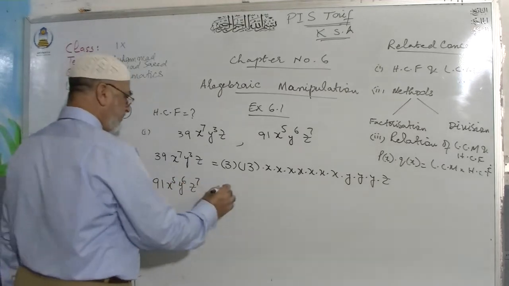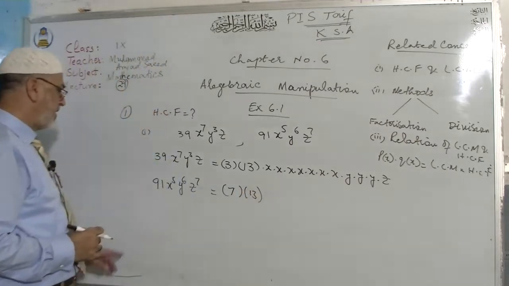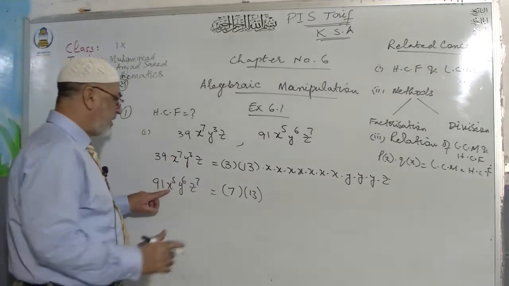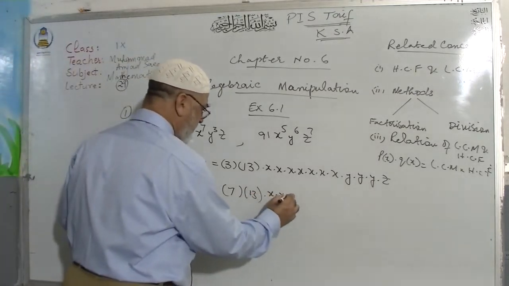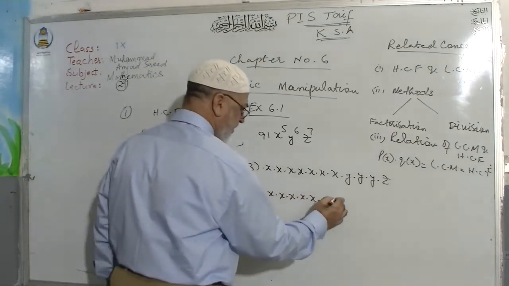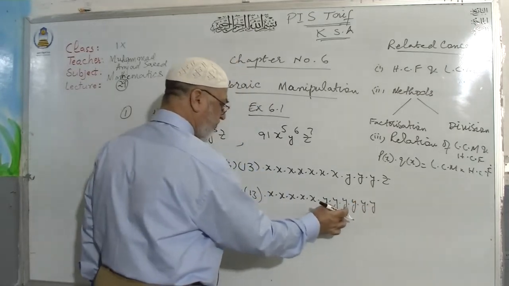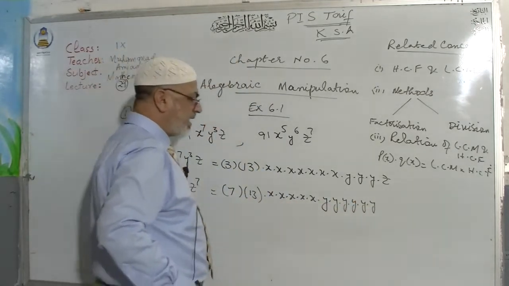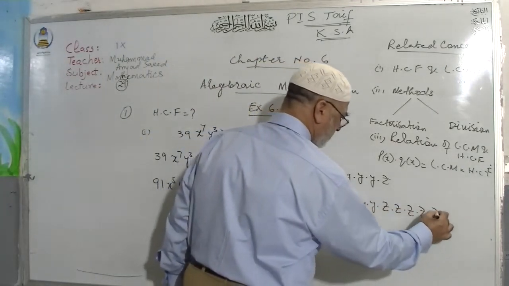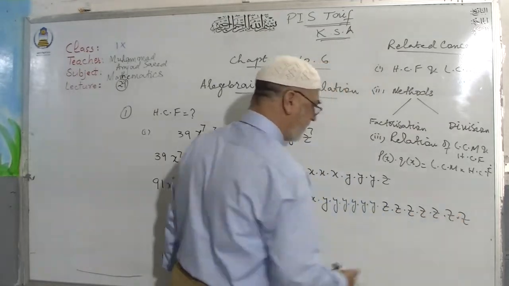Then you can have 7 into 13, 7 into 13 is 91. X is coming 5 times. Then y is coming 6 times: 1, 2, 3, 4, 5 and 6. And z is coming 7 times: 1, 2, 3, 4, 5, 6 and 7.